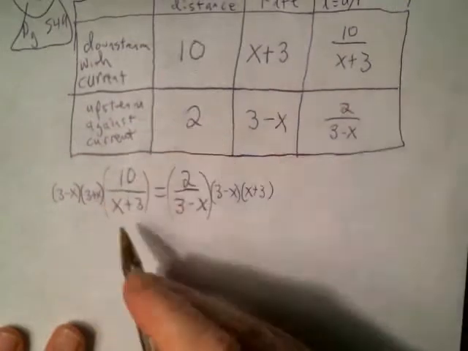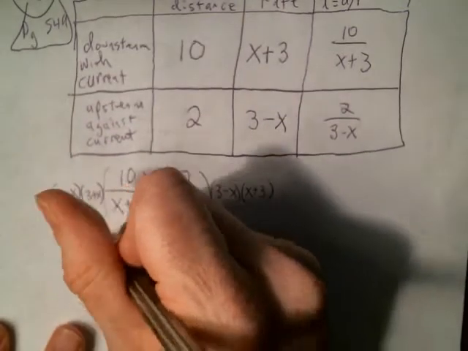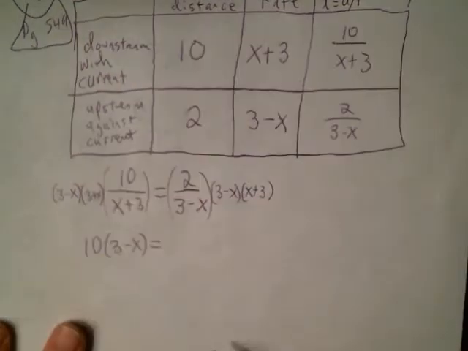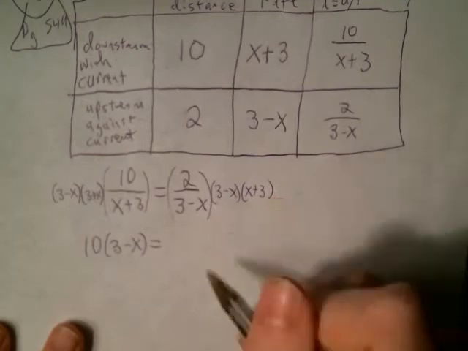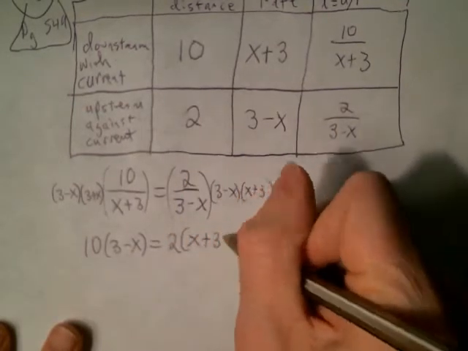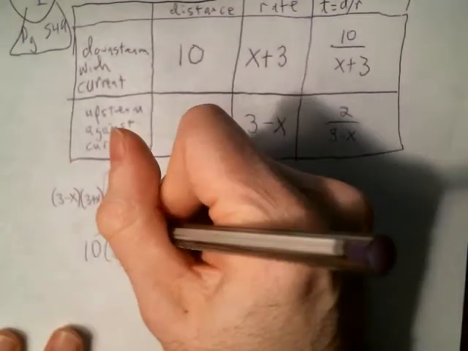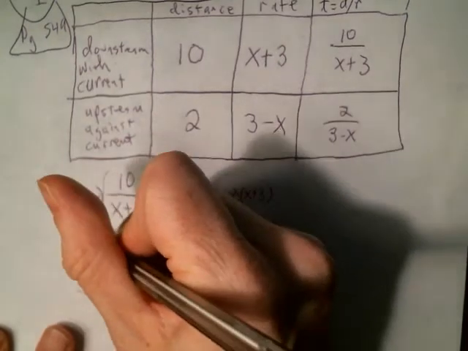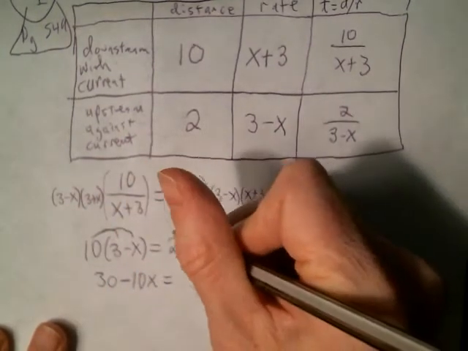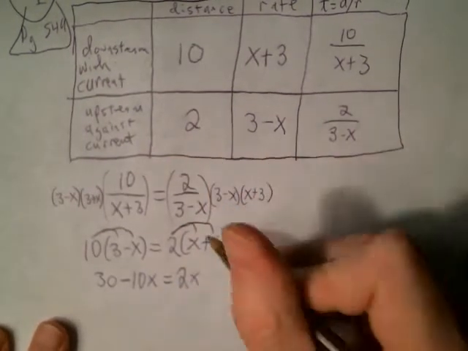On the left-hand side, the x plus 3's will divide out, and you'll just be left with 10 times 3 minus x. On the right-hand side, the 3 minus x cancel, and you're left with 2 times x plus 3. Distribute, so I have 10 times 3 is 30. 10 times minus x is minus 10x. 2 times x is 2x. And 2 times 3 is 6.